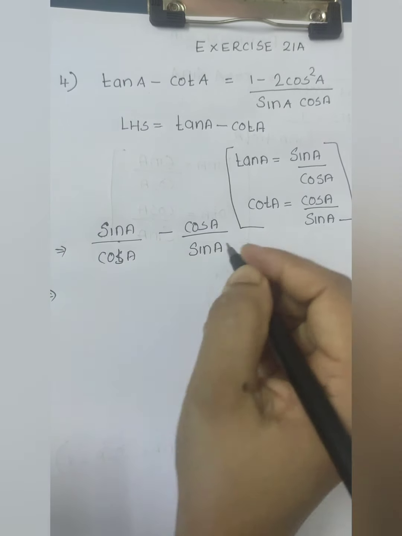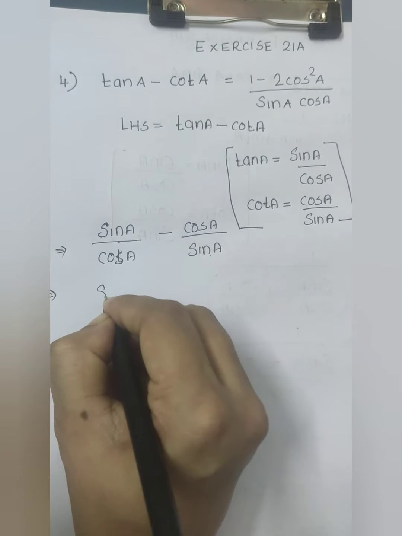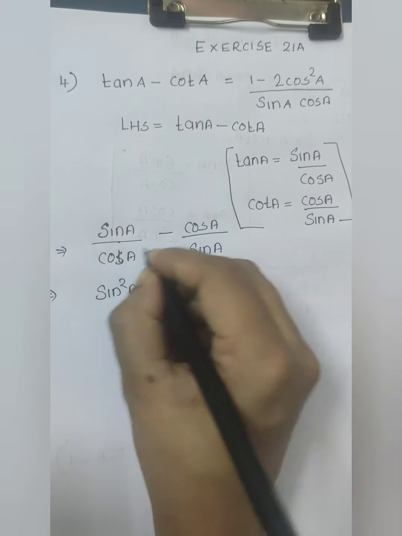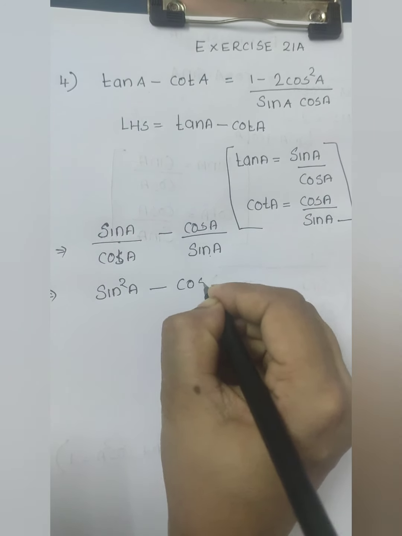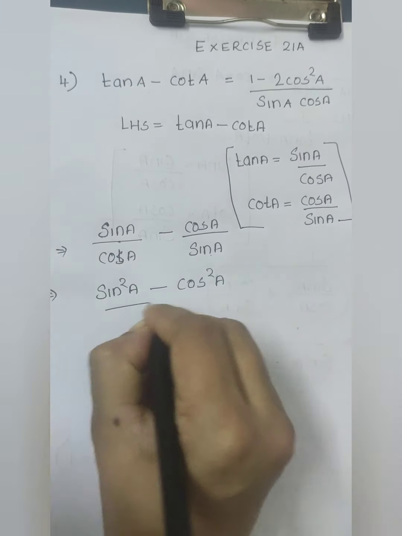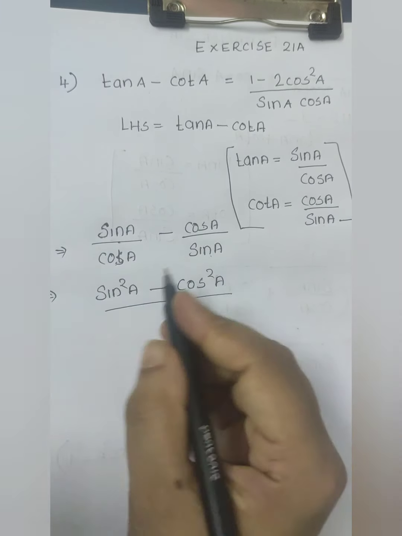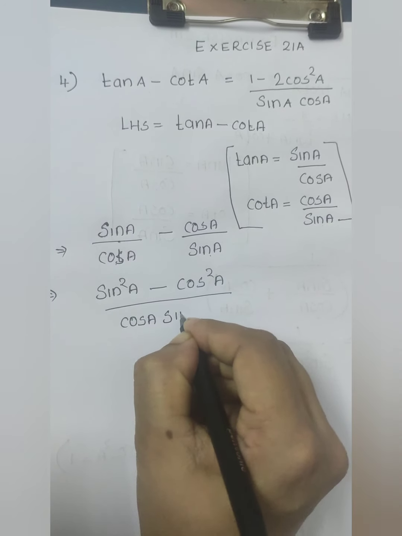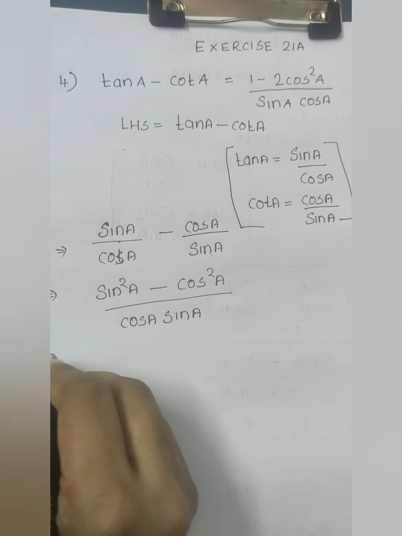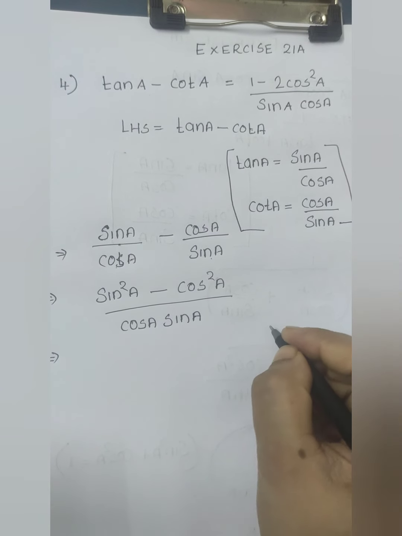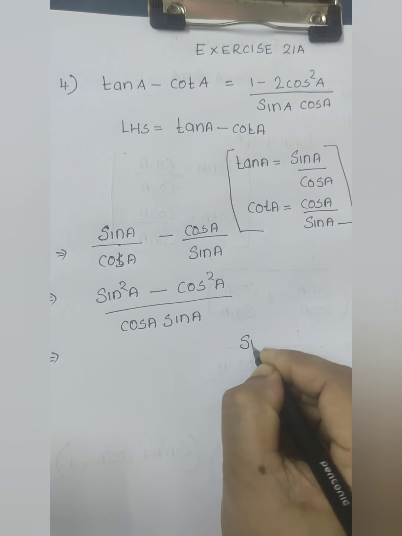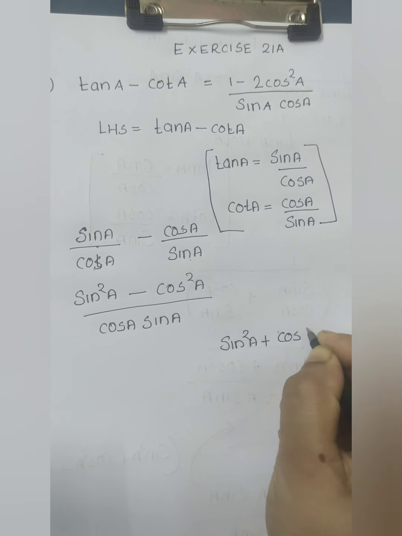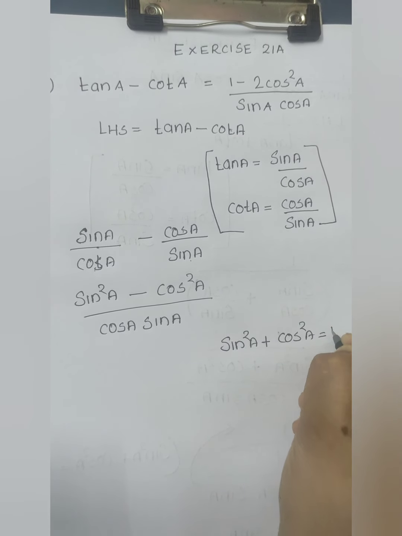Cross multiplication, sin A into sin A, sin square A, minus cos A into cos A, cos square A, whole divided by cos A into sin A. Now we have the square relationship: sin square A plus cos square A equal to 1.